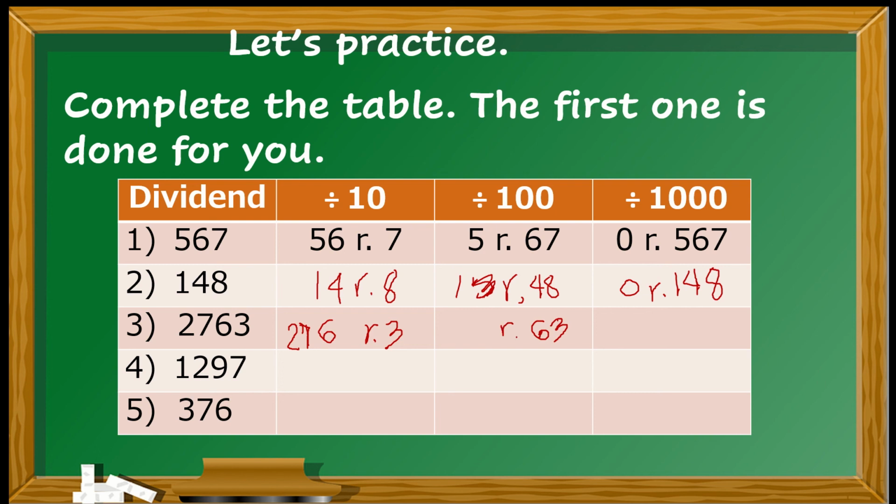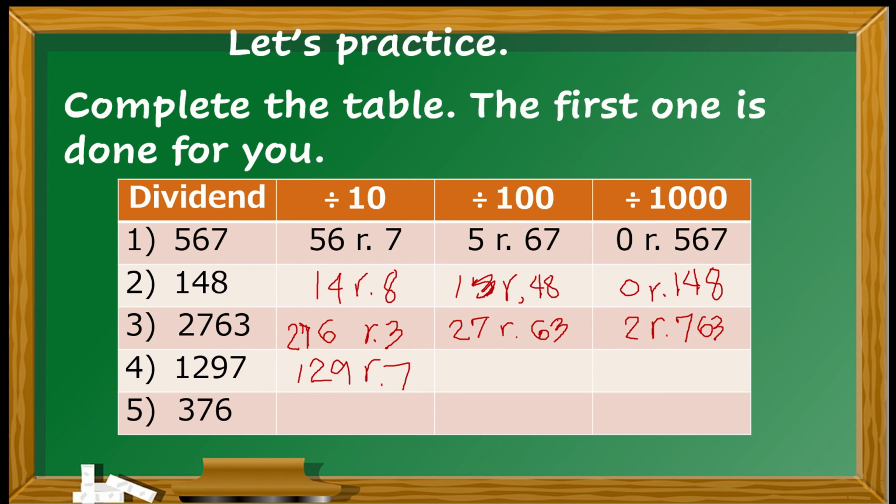So, remainder. Yung dalawang remaining, yung natira ay 27. Sa 1,000 naman, meron siyang tatlong 0. Kaya, ilalagay natin yung tatlong last 3 digits, which is 763. Yun yung kanyang remainder at ang quotient niya ay 2. So, 2 remainder 763.